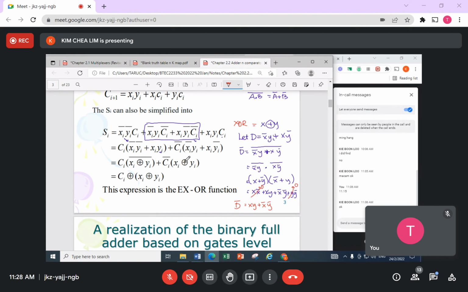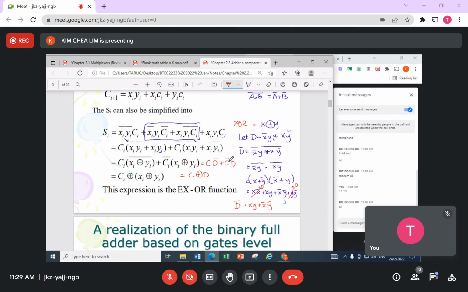This one here, you look at it, is the same as saying C D bar plus C bar D. So this whole thing here, we mentioned just now, is the D, right? So now I replace it with D. From here, you can see very clearly that this is also an XOR function.